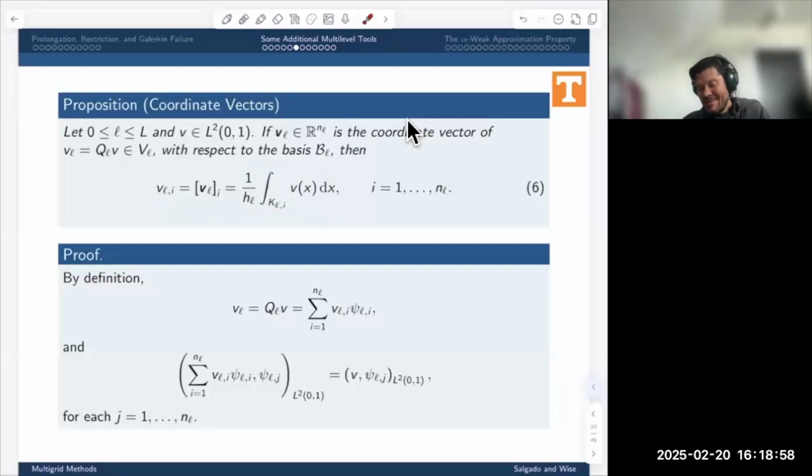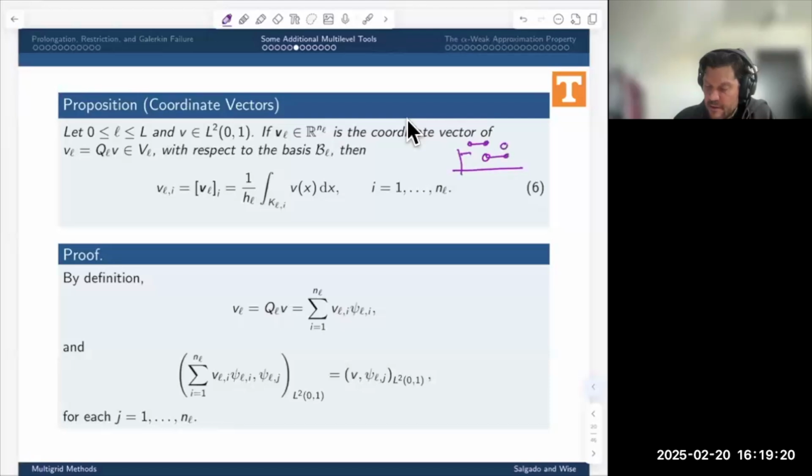This tells you exactly how to calculate this object, because if I tell you its coordinates in the basis, I'm really telling you the heights of the individual pieces. Remember, VL is piecewise constant, so what I'm doing is telling you the heights of the constant function.